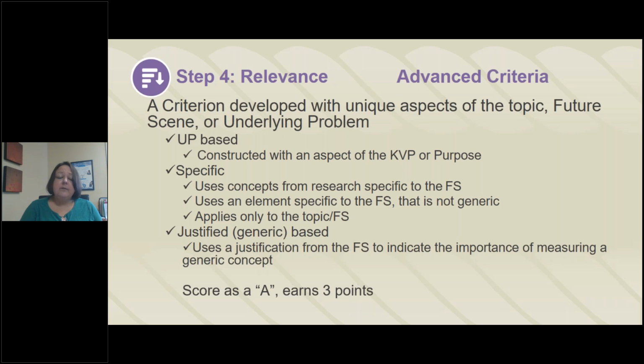And then they turn around and develop a criteria that says which solution best improves access to healthcare. They are specifically using the core concept of their key verb phrase to score the solutions against each other. And so solution ideas that do not respond as firmly to their underlying problem would not rank as high. And so it's not something that could be enacted as a criterion in anyone else's booklet.